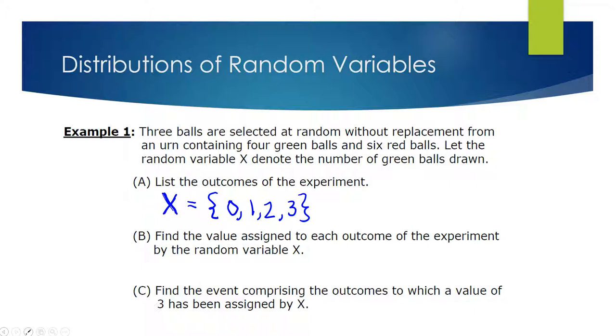Now find the value assigned to each outcome by the experiment. So I want to find the probability of each one of these. First of all, I'm going to determine how many different outcomes I could possibly have of selecting 3 balls from the sample here, and that's going to be 120.